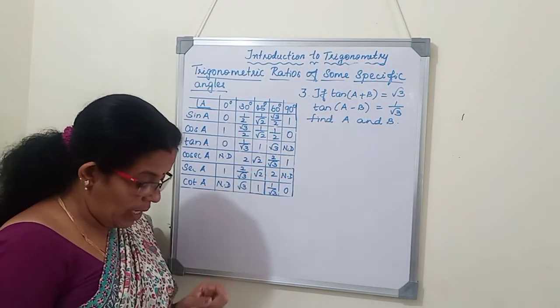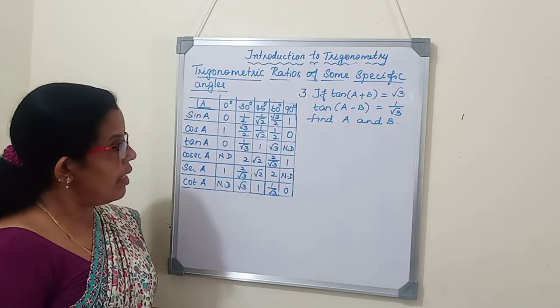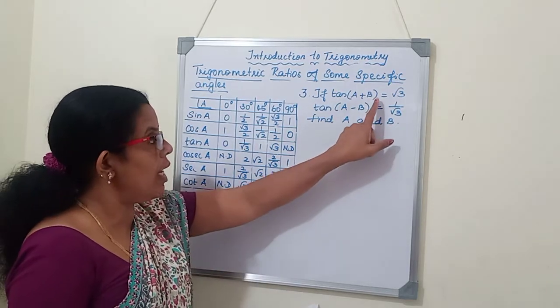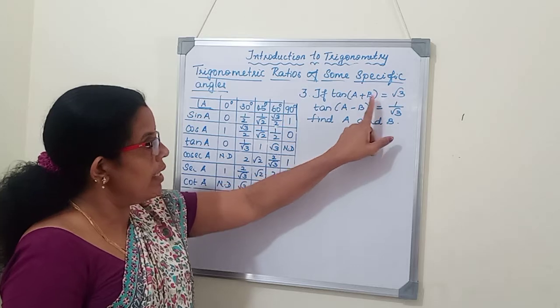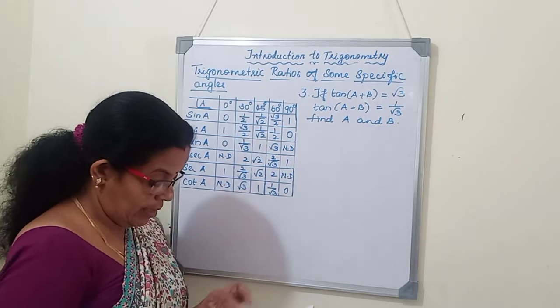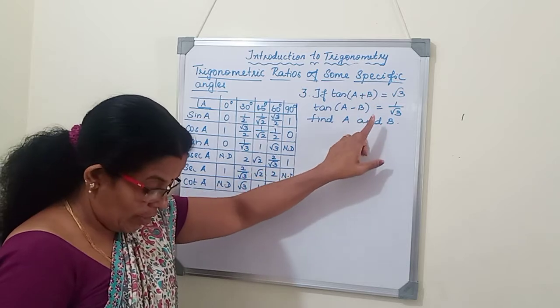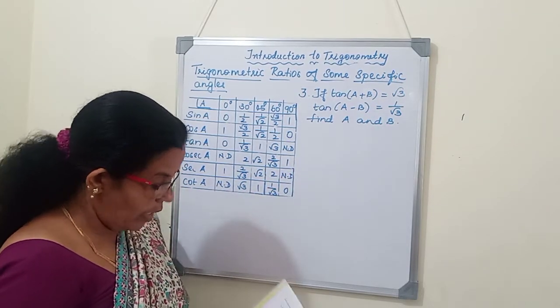This angle will be in between 0 degree and 90 degree. It can be up to 90 degree. And a greater than b, the value of a will be more than the value of b. And we have to find a and b.